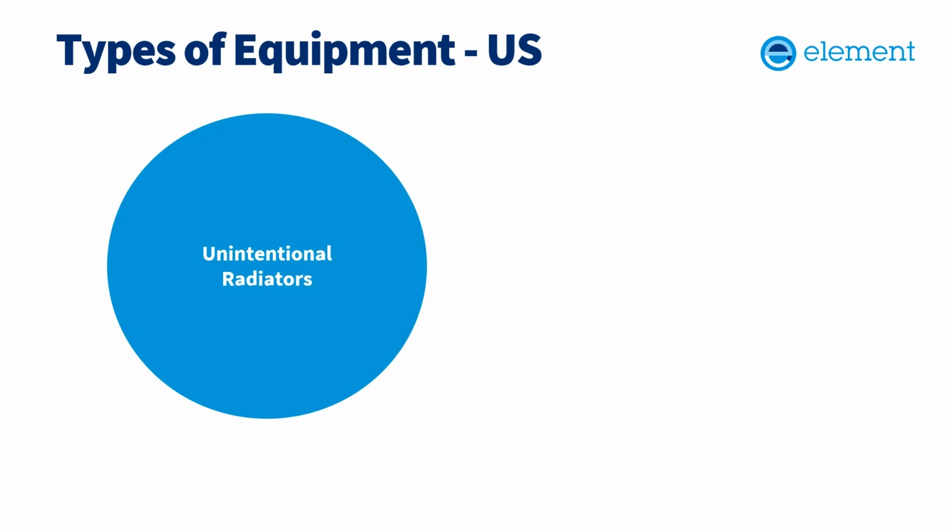So when we're thinking about equipment in the US, the FCC, the Federal Communications Commission, are the federal regulator of electrical products. Electrical products basically fit into the unintentional radiator category, meaning that yes, they might produce electrical signals, and yes, they might radiate, but not intentionally.